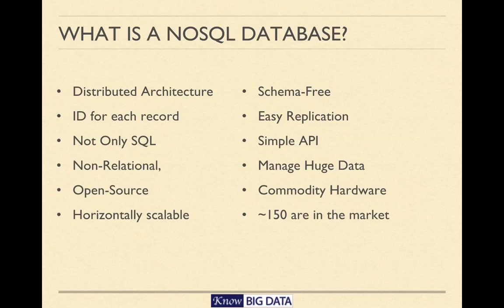But the most important thing is to understand the other qualities like distributed architecture. Next is horizontal scalability. So the two properties, one distributed architecture. When we say distributed, generally this horizontal scalability is something that comes along.